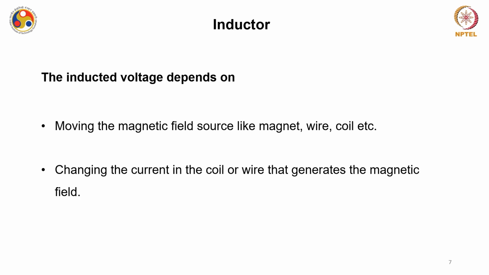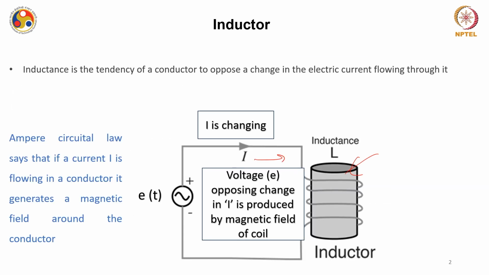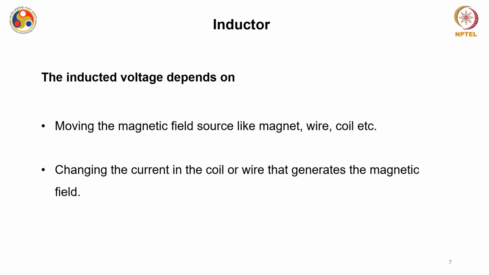We have already seen that if current I flowing through a conductor is changing, the total flux is changing, right? So moving the magnetic field source like magnets or wires will change the back EMF.